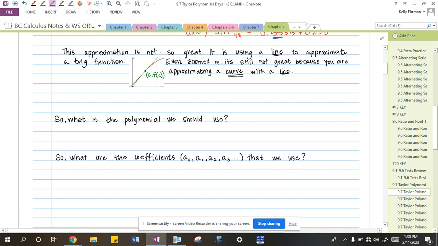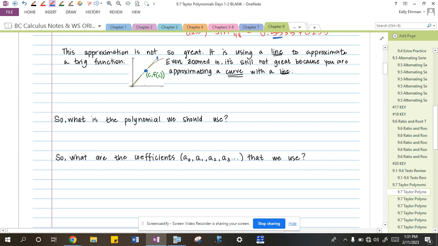So the line and the curve are equal at that point of tangency, but then as soon as you stray from that point, they no longer match up. And then the further you stray away from the point of tangency, the further off the approximation from the actual value becomes.